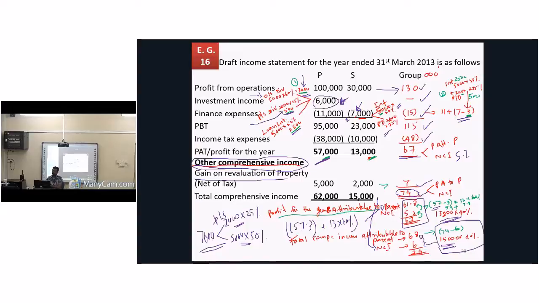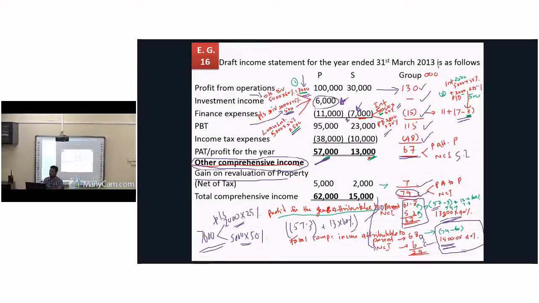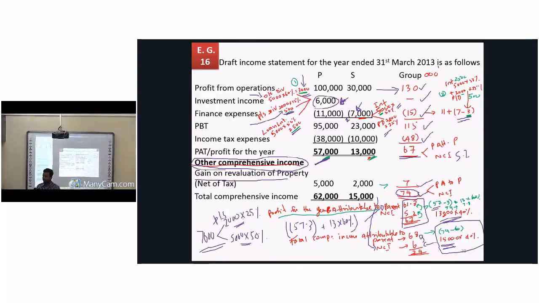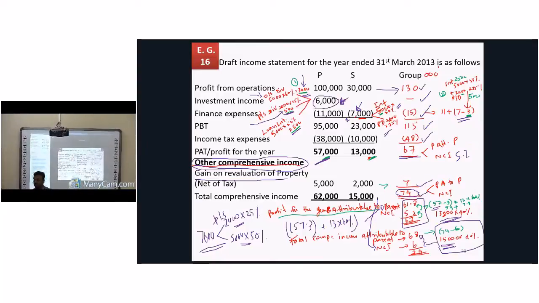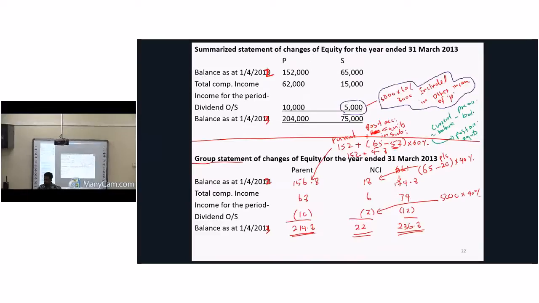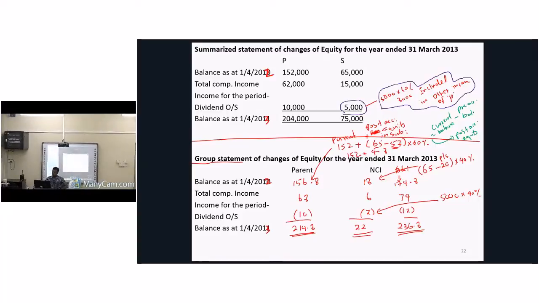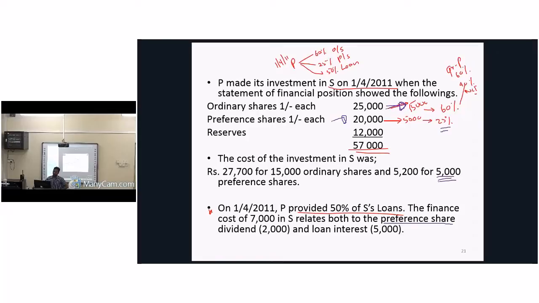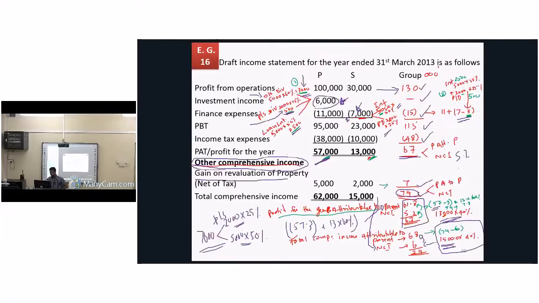Therefore, the total investment income we eliminated in this question was 6,000, 3,000 and 3,000. We removed loan interest from finance expense of this 7,000, and the balance from this 5,000, if you can remember. So that is the fourth adjustment we learned. Actually there is another one, altogether 5.